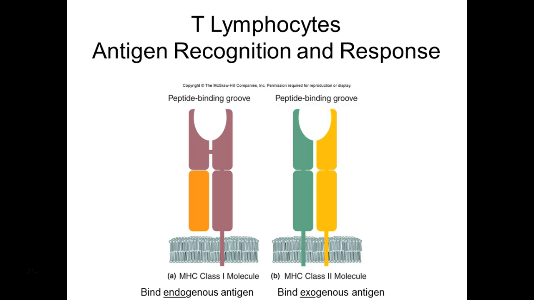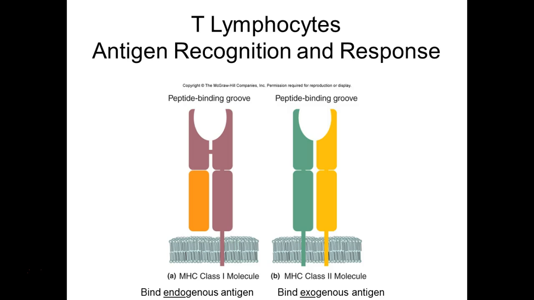So we have our MHC class 1, and this is mainly endogenous antigens, right? So this is on all of our cells, even our antigen-presenting cells. All nucleated cells have this. MHC class 2 is for exogenous antigens, so stuff that's outside, right, that we pick up. And so this is mainly the job of our antigen-presenting cells.